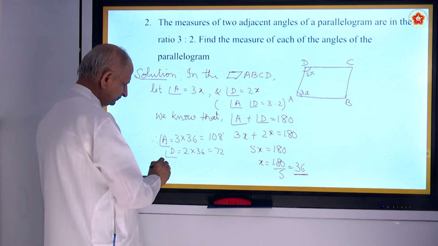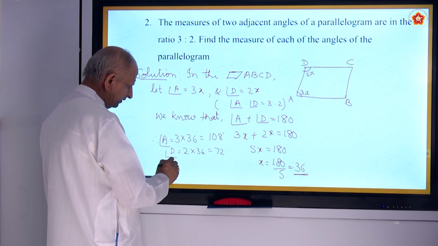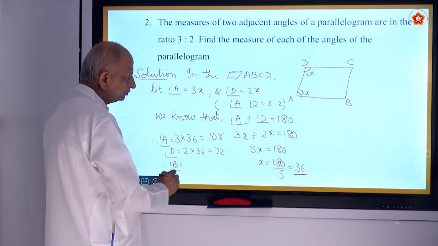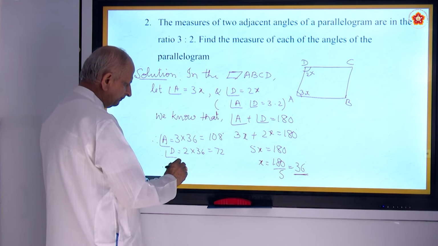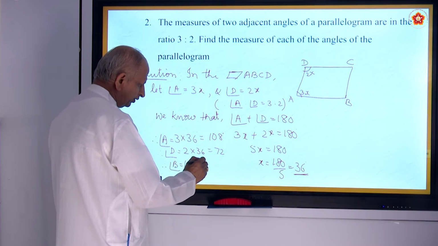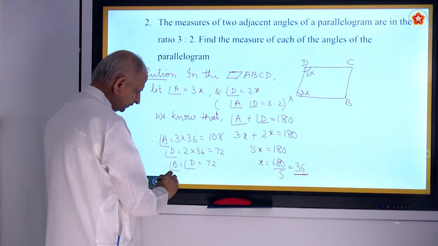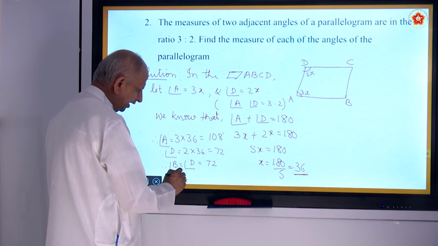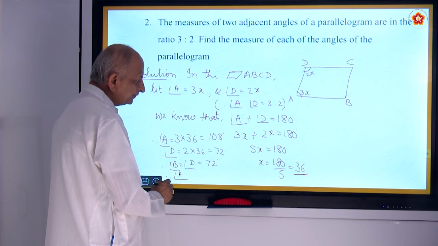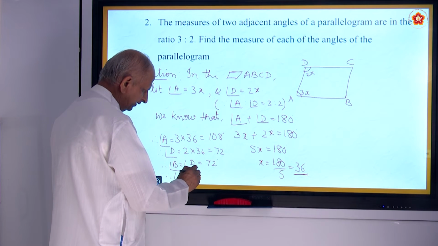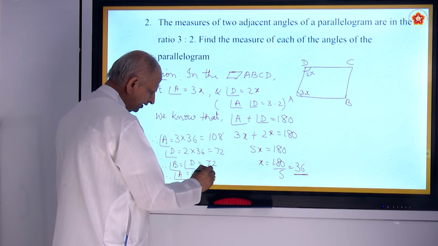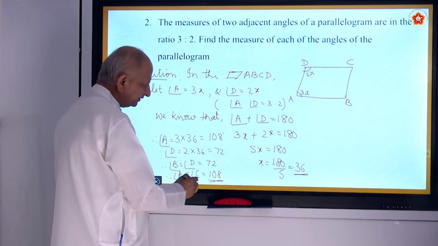What about the other angles? Angle B is equal to angle D, which is 72 degrees. Why? Opposite angles are equal. Angle A is equal to angle C, 108 degrees, correct?